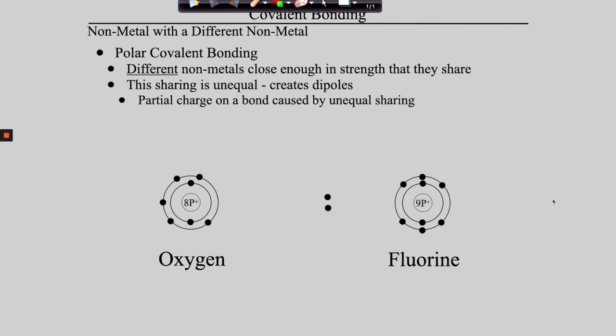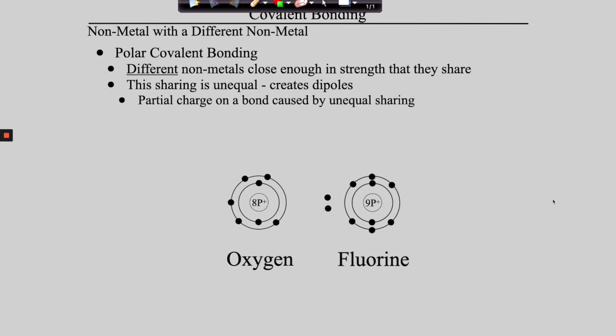But then guys, these nuclei close down on the pair, but that pair of electrons ends up closer to the fluorine. Do you remember that? So guys, what does that do? Well, what's the charge of electrons? Negative. And guys, because this pair of electrons is closer to the fluorine, it makes this what we call the negative dipole, and it makes this what we call the positive dipole.